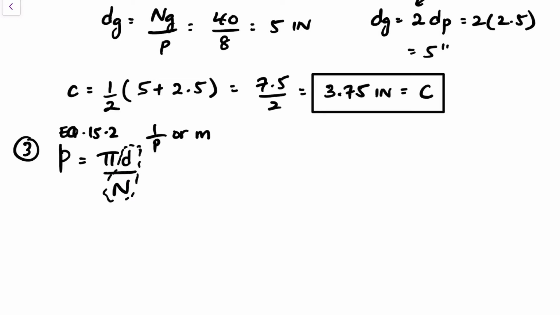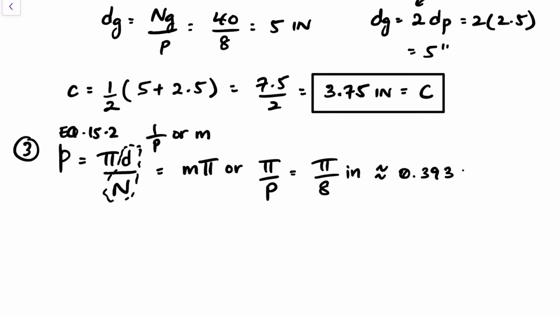So I can say that this is equal to m times pi, or pi over P, which is pi over 8. And P has units of 1 over inches, or 1 over distance, because module has units of distance. So that's pi over 8 inches, which is approximately 0.393 inches.